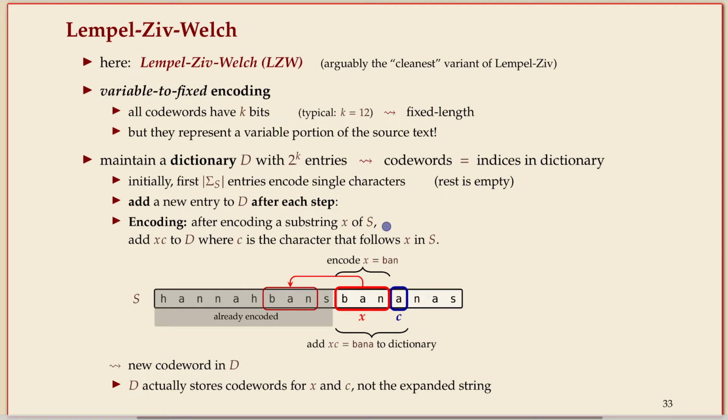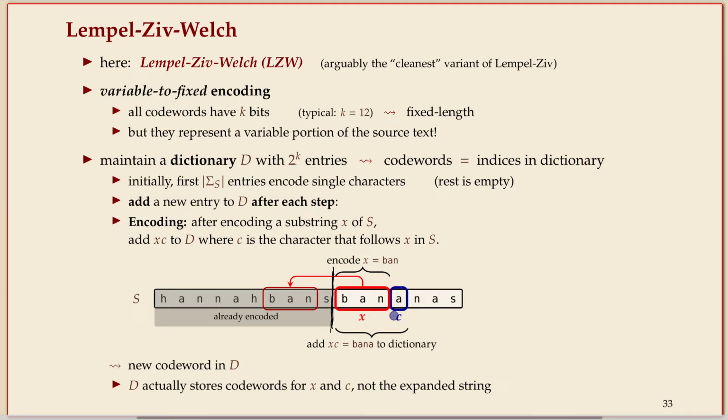And what do we add to the dictionary? That's described with something like this picture. So suppose we have encoded our text up to this point. That's the gray part. That's done. And now there's more characters to follow. And we can look ahead at what are the characters that come.